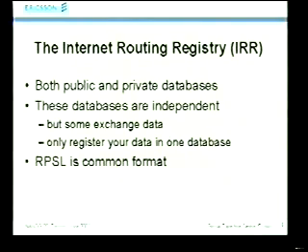Now what I mean by that is the public databases like RADB, and the private ones would be for the very big ISPs, who often run their own databases. The only people who have objects in there are the customers of those ISPs, but these databases are also in the Internet Routing Registry. Now these databases are independent, but some exchange data.